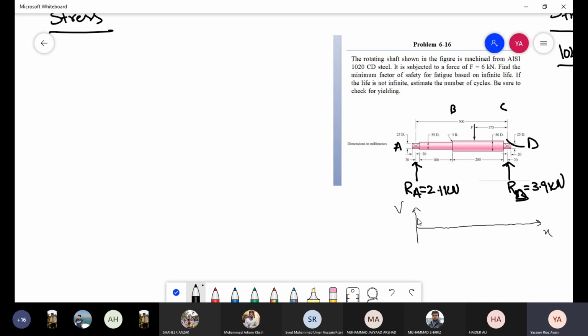So the shear force diagram would be something like this, and then from the shear force diagram we can draw the bending moment diagram. ठीक है. So the bending moment diagram would be like this. So M max would be occurring somewhere here. ठीक है.